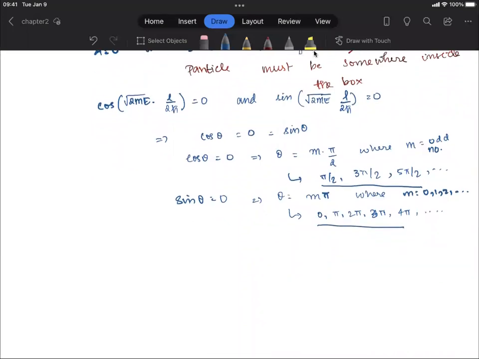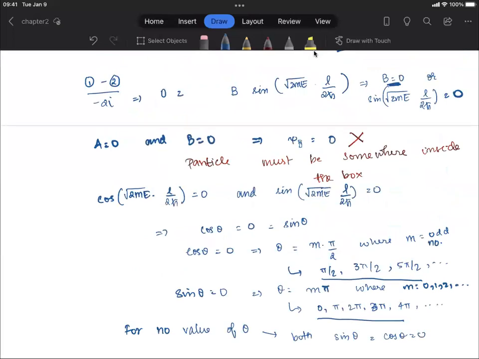The conditions on theta are so widely different for sine and cos theta. They're mutually exclusive, right? So for no value of theta can we have both sine and cos theta equal to 0 in this case. So we cannot choose this condition as well because it does not work. That's just not how it works.